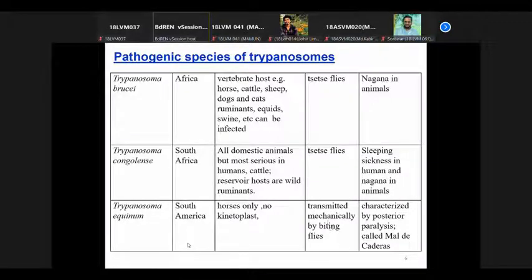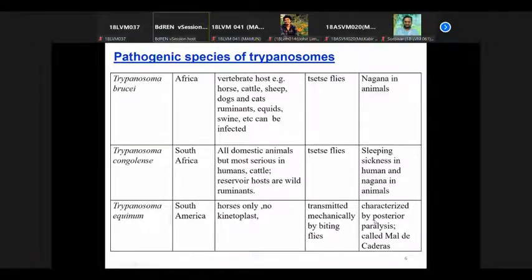Okay? You're right. We will explain a little later how the mechanical transmission happens. There are ways, the mechanical transmission and cyclical transmission. We'll discuss that in just a few minutes. So this is characterized by posterior paralysis.